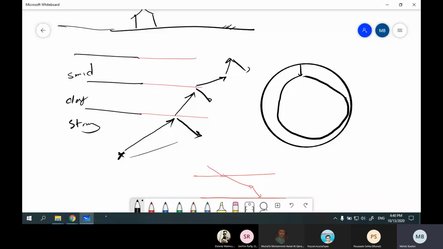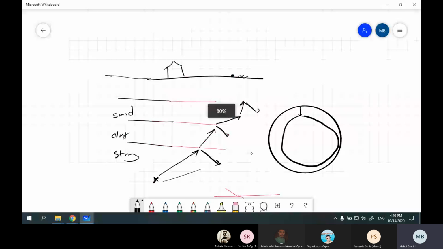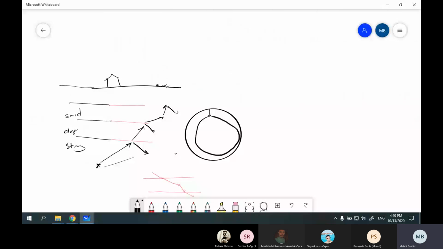After that, because we don't know the exact pathway of this wave, we can't predict it. For example, at this point we have shakings, and we shouldn't construct our building here. The thing that we already know is that we have to avoid constructing our building near the faults. I told you what a fault was.